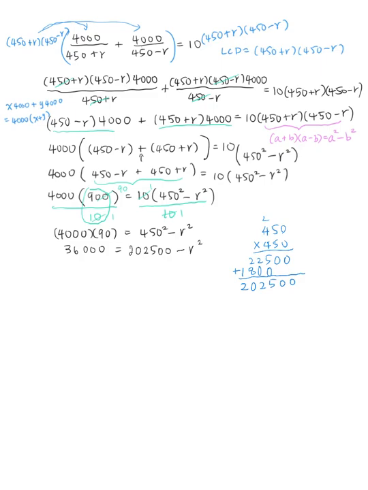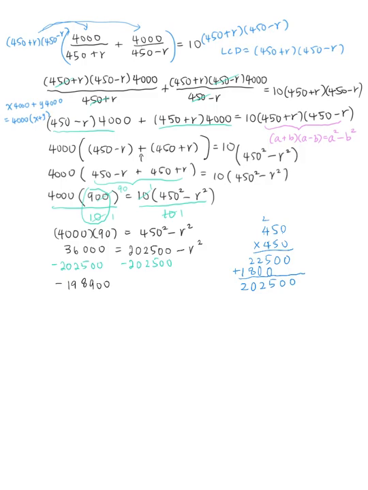Now since we're solving for r, let's first get rid of this humongous number here by subtracting it from both sides. And what do we got? I think it's negative 198,900.